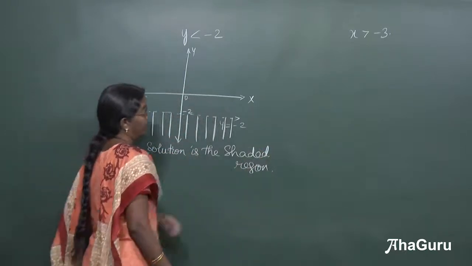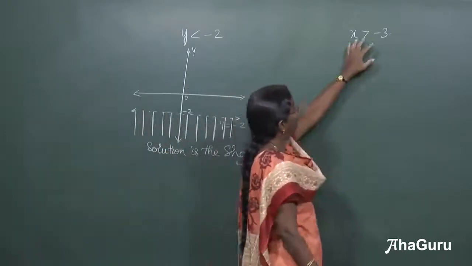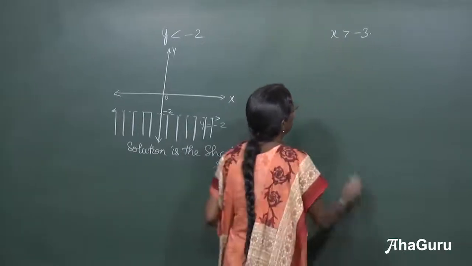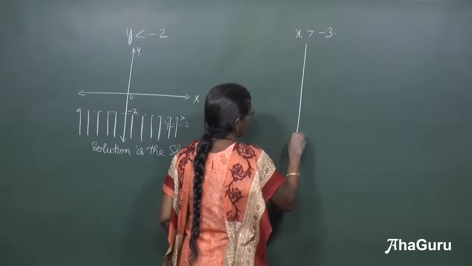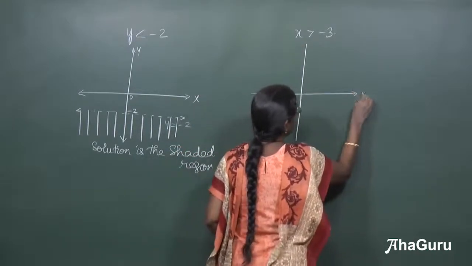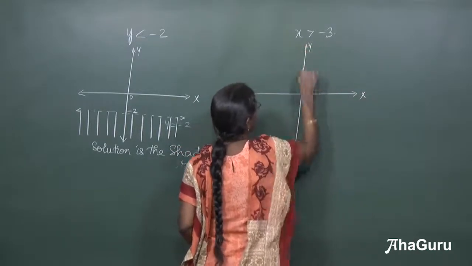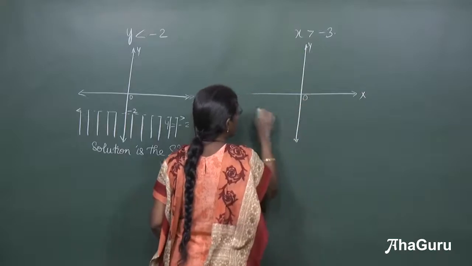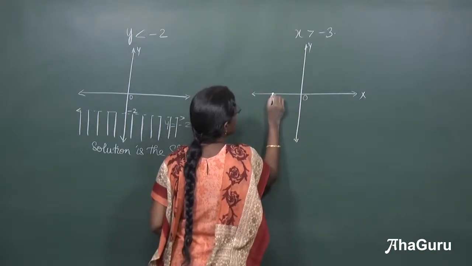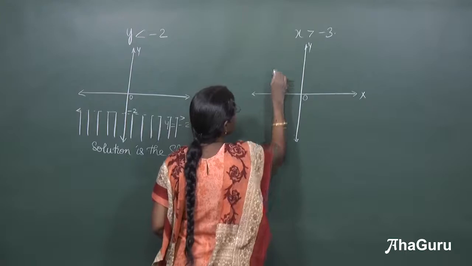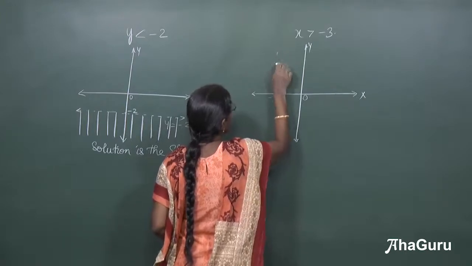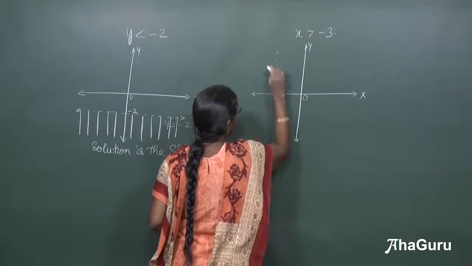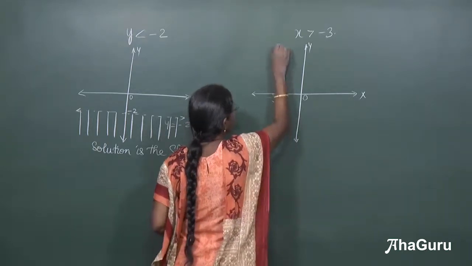We will see now how to find out the solution for the inequality x is greater than minus 3. Take a proper scale. First draw the line x is equal to minus 3. Suppose minus 3 is here. The line x is equal to minus 3 is going to be like this.